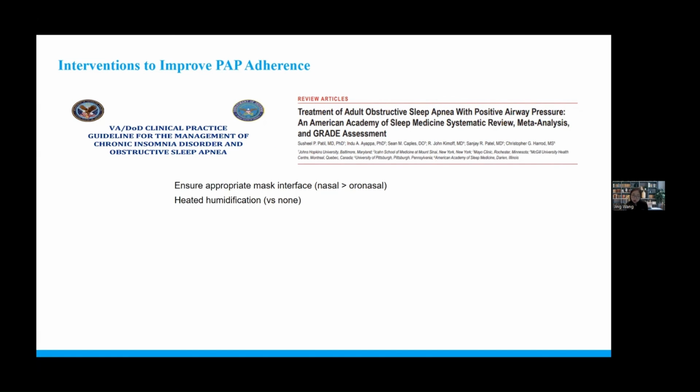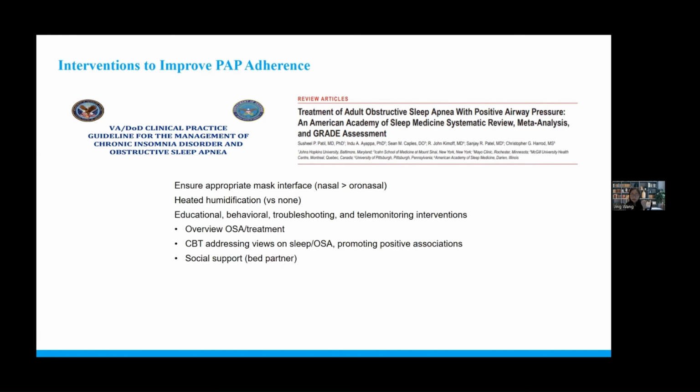Things that tend to work are, one, ensuring the patient has a correct mask; two, using heated humidification compared to no humidification; and three, doing educational, behavioral, and troubleshooting interventions, both to help patients understand what OSA is, what treatment is, and what it is doing, to potentially include some cognitive behavioral therapy addressing views on sleep, promoting positive associations with PAP, and eliciting support from the patient's bed partner or home.